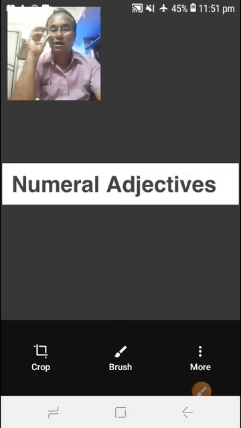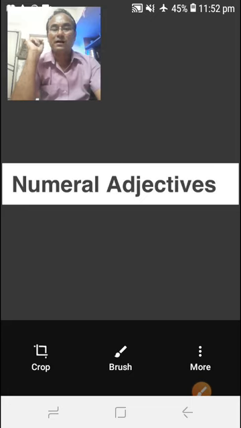Numeral adjectives are those adjectives which are used to denote the number of nouns or the order in which they stand. So this is the definition of adjective of number.